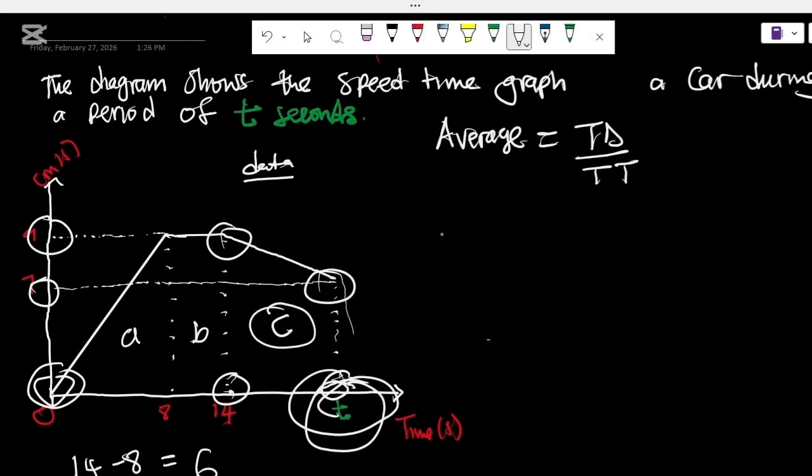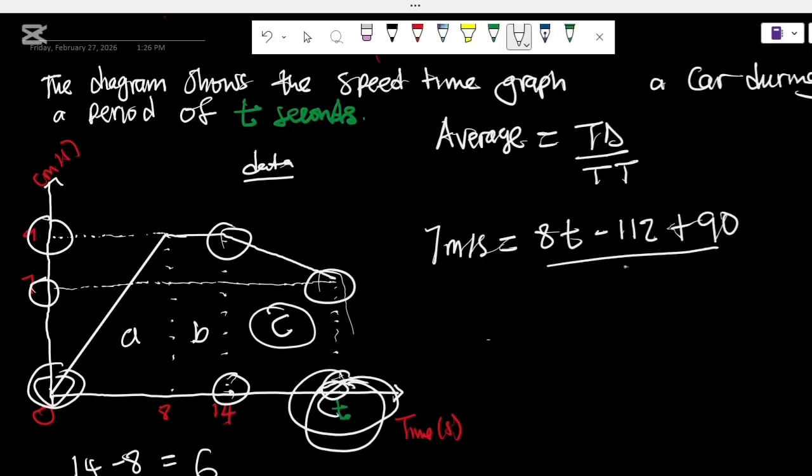So the average speed is 7 meters per second, and the total distance that we have here is 8t minus 112 plus 90 over time. So this is 7 meters per second is equal to 8t. Negative 112 plus 90 is going to give us negative 22 over t.